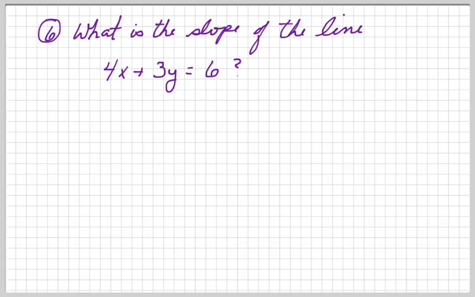Problem 6, slope of this line. This line is given to us as an equation. We could find 2 points on it and use the slope equation, but it's easier to put it in slope-intercept form. Subtract 4x from both sides. Tuck that 4x, negative 4x, right behind the equal sign. Divide everybody by 3 to get the y alone.